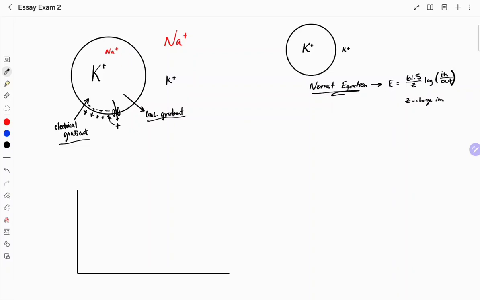And so if we see more of these negative charges inside the cell and less positive outside, if we make a little graph here where that's 0, I'm going to put this at about plus 30. And these are millivolts here.